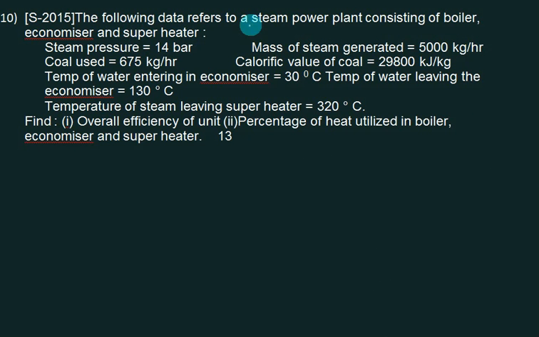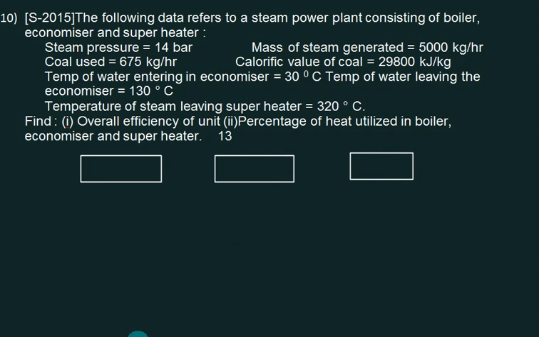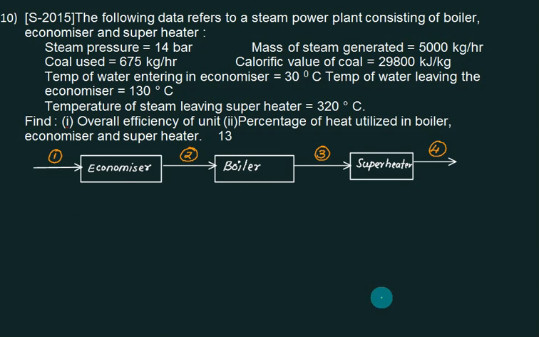The following data refers to the power plant. So we have three components. First component is economizer, second component is boiler, and the third component is superheater. The pressure is constant for all components, equal to what? 14 bar. All components are working at the same pressure, 14 bar.